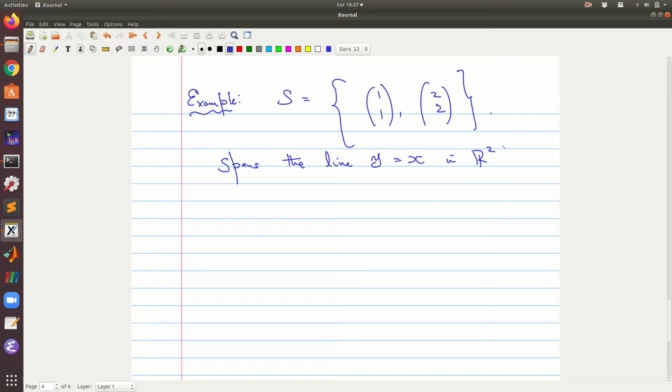Now this is what we are going to say: this set spans the line y equals x in R2 because every vector in here can be written as a linear combination of the vectors in there.